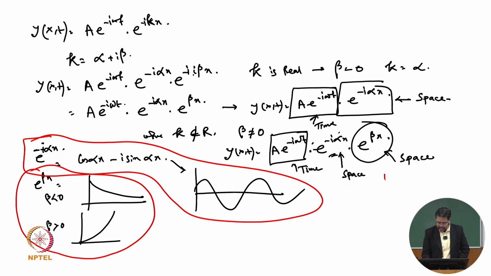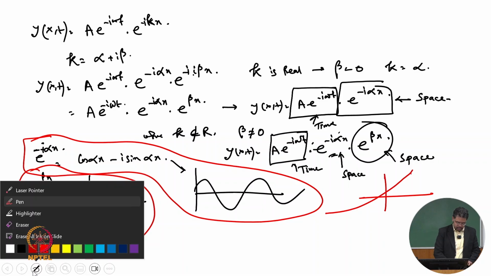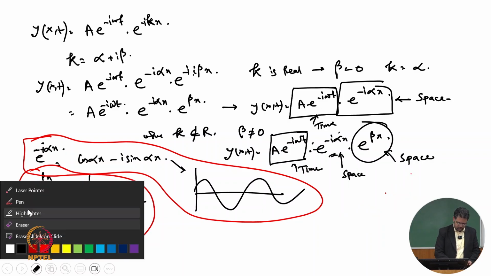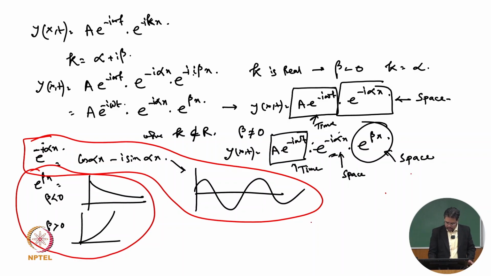It's basically the same function. If you see the e to the power function exactly, it will not cross the line.